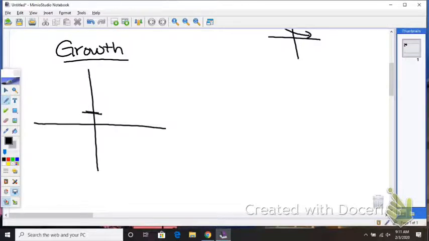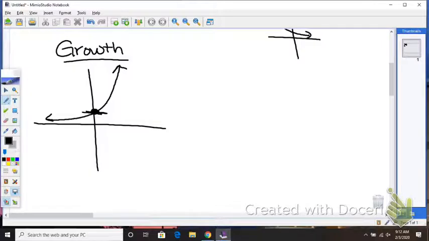The original graph is going to go through the point 0, 1, and the growth is going to look like this. Growth exponential just means that, have you ever heard the term like it's growing exponentially? Yeah? Just means it's growing really fast. Exponential growth means it's going up really fast. So that's why this graph starts off kind of gradual and then turns and starts going up real fast.